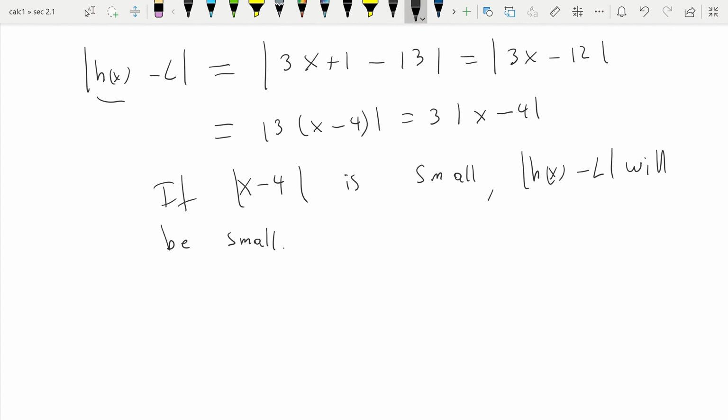Okay, so that proves that the limit of h of x as x approaches 4 is equal to 13.